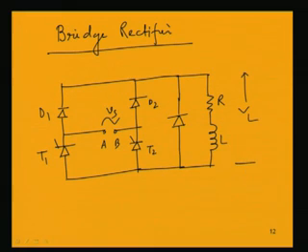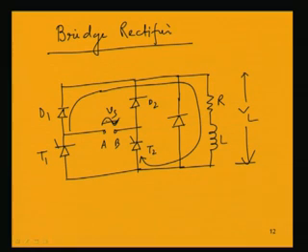The voltage across this load is VL. Now, here what will happen, this Vs, when it is in a positive half cycle, we can see that the diode D1 and the thyristor T2 will conduct.